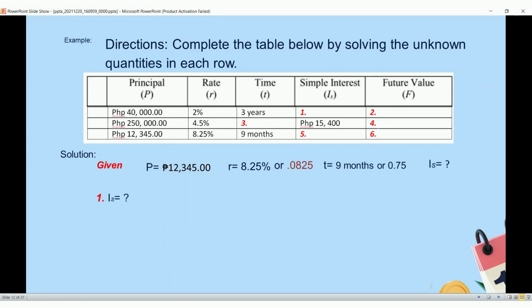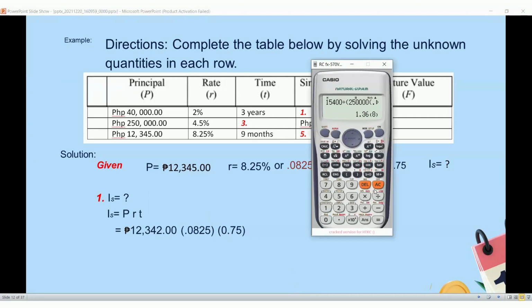So, for our I, ang formula na gagamitin ay I is equal to PRT. Substitute. P is 12,345 pesos times 0.0825 times 0.75. So, solve natin.